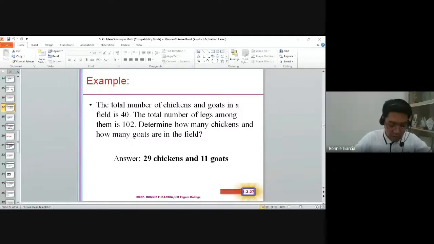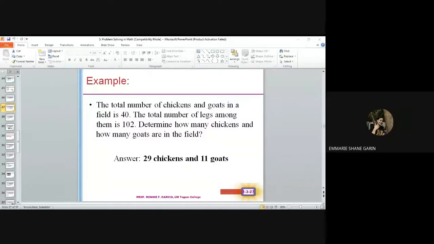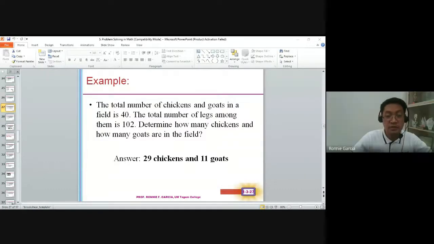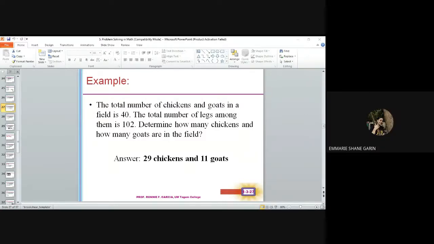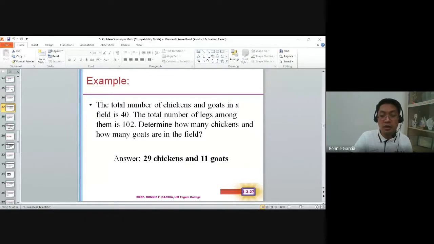Very good. If 11 goats, 4 legs in one goat, 11 times 4 is 44. Now add the 58 from the chickens and the 44 from the goats. How many legs in all? 102. So do we satisfy the given problem? Yes, sir. Very good.